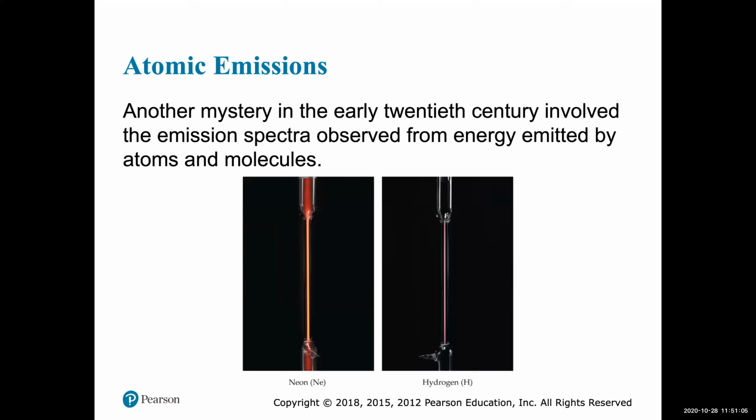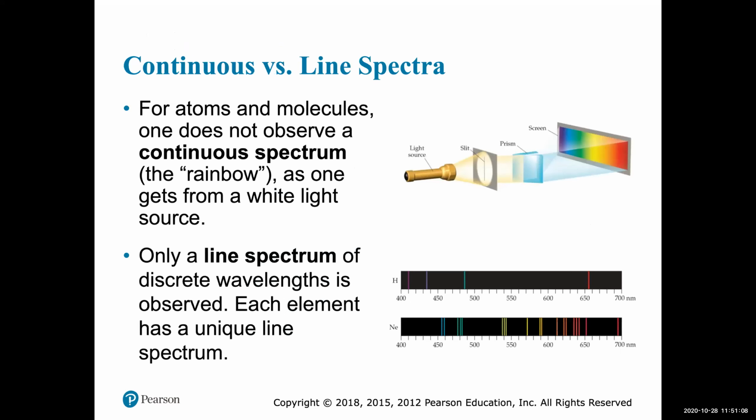Atomic emissions was another one that led to this. And so we talked a little bit about a continuous spectrum and a line spectrum. An example of a continuous spectrum would be the lights in a room. So you have a series of wavelengths that are being emitted from that source. Whereas with a line spectrum, there's only certain wavelengths that you see.